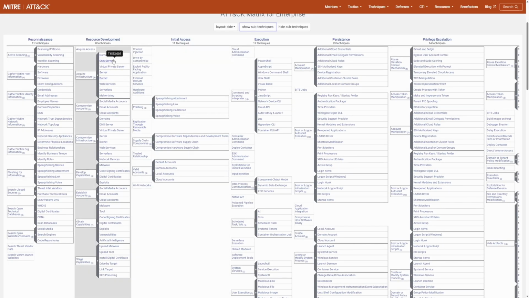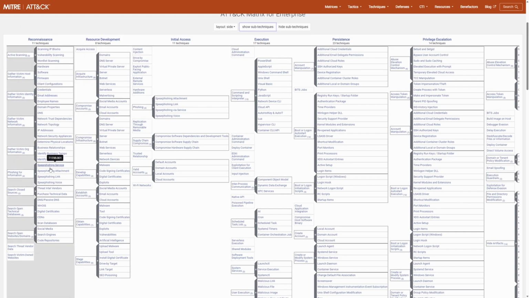Resource development is trying to get what type of resources they use, stuff like that. So you stage it, you have SEO poisoning, link target, drive-by target. You install digital certificates, upload the tool. So that's all the stuff, right? Your main goal in resource development is to acquire access.